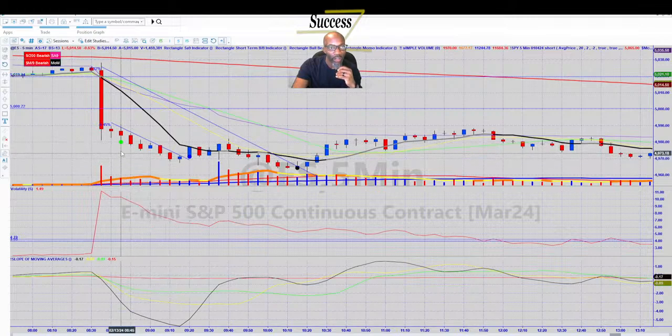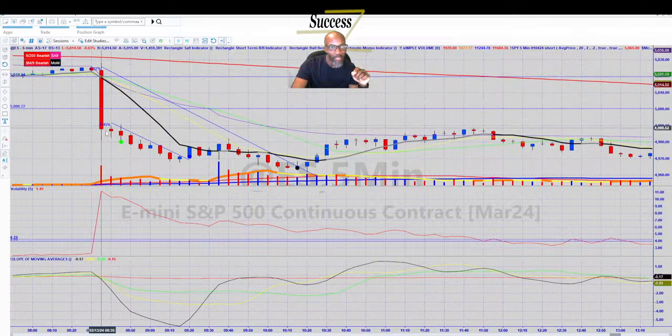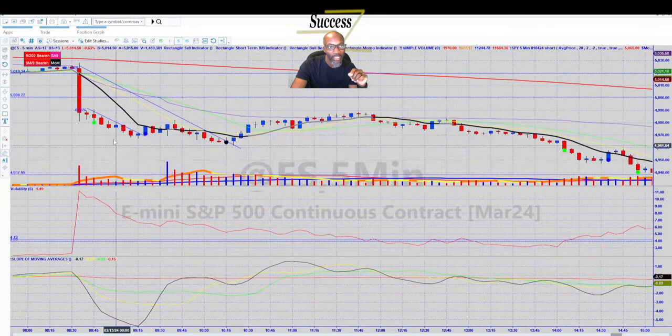So first of all, instead of the range, it needs to be the body of the candle, not the range. We probably need to make some other logic that it doesn't have a lot of wicks either. That's indecision. We definitely want a long, solid move that indicates that bears took over, and then we want to have that flag, and then we want to see that bulls took over.